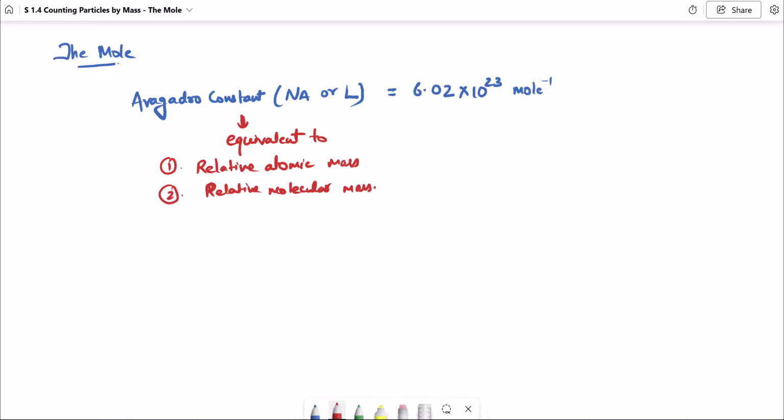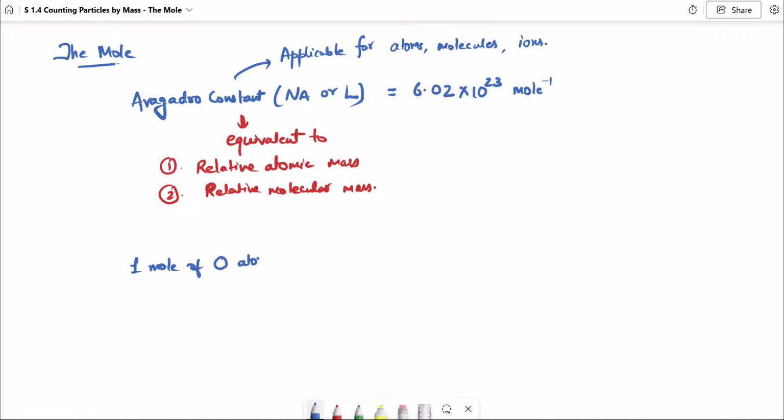And the Avogadro constant applies to atoms, molecules and ions. Where it is applicable is very important: we can use this Avogadro constant for atoms, molecules and ions.